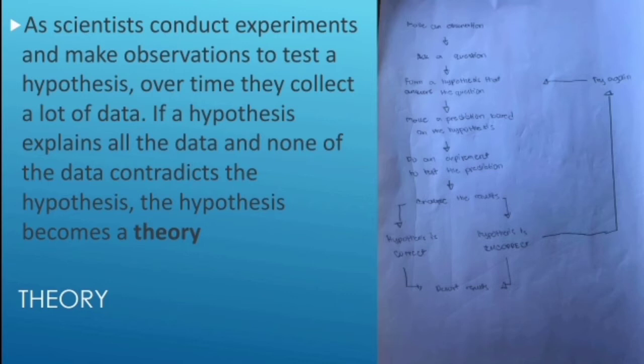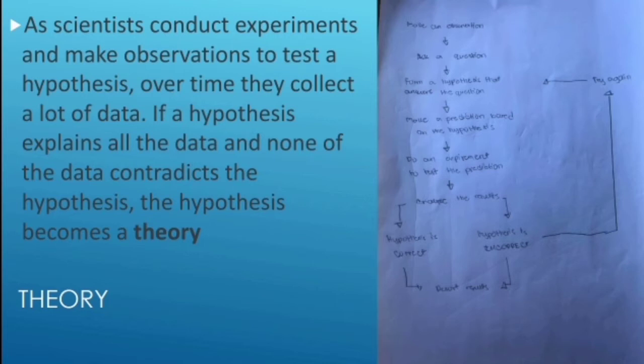So the picture shows that to make any theory, we should make an observation first, and then ask a question, and then form a hypothesis that answers the question, and then make a prediction based on the hypothesis. Then it's time to do an experiment to test the prediction. So this is where we can analyze the results, to see if your hypothesis is correct or incorrect.